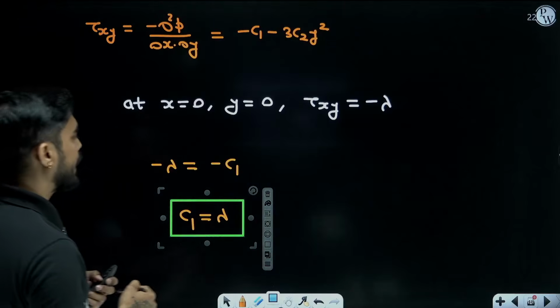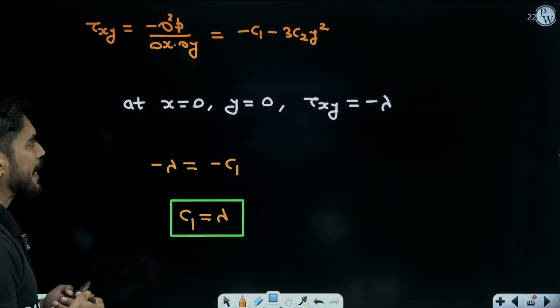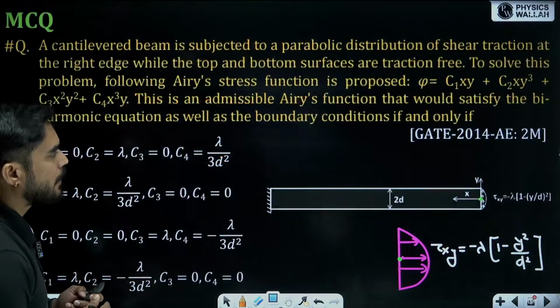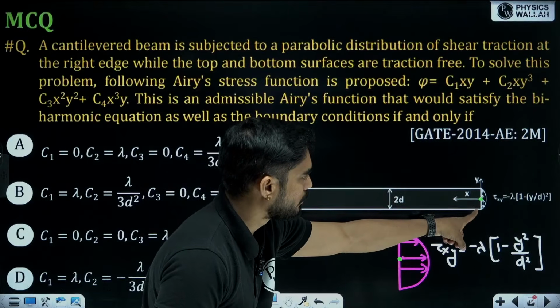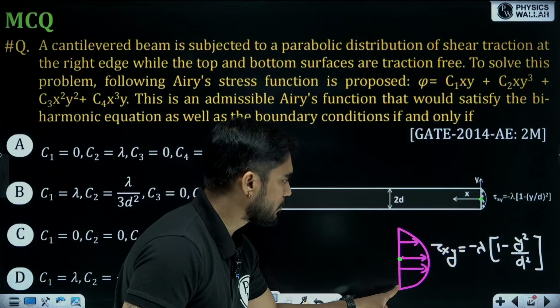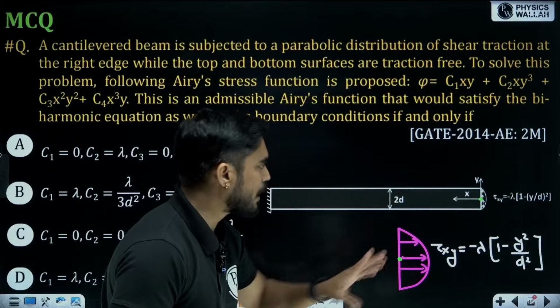Okay. Then at y equal to plus minus d, tau xy is equal to 0, right? At top and bottom, the value of tau xy is 0.